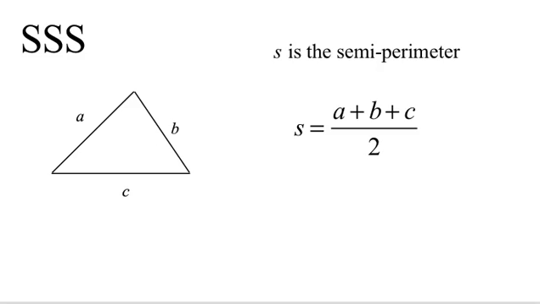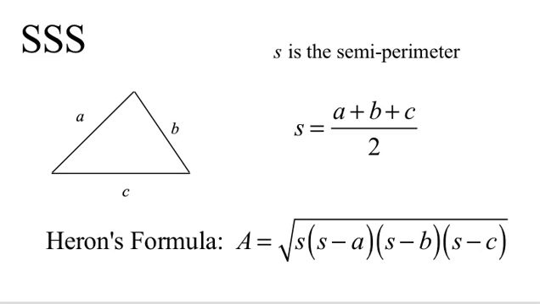We use a technique called Heron's formula, sometimes called Hero's formula, which is based on the semi-perimeter S. Heron's formula tells us that the area is the square root of the semi-perimeter times the semi-perimeter minus A times the semi-perimeter minus B times the semi-perimeter minus C. If we put all that together, we can find the area of that triangle.